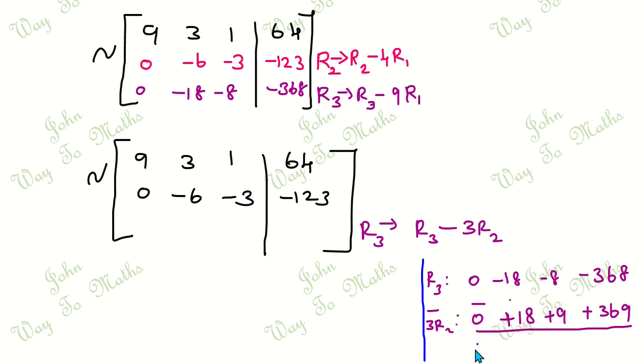Then here 0, minus 18 plus 18 becomes 0, minus 8 plus 9 becomes plus 1, and 369 minus 368 becomes plus 1. So I'm going to enter this value here: 0 0 1 1. Now it forms a rectangular formation, so that is a row echelon form.